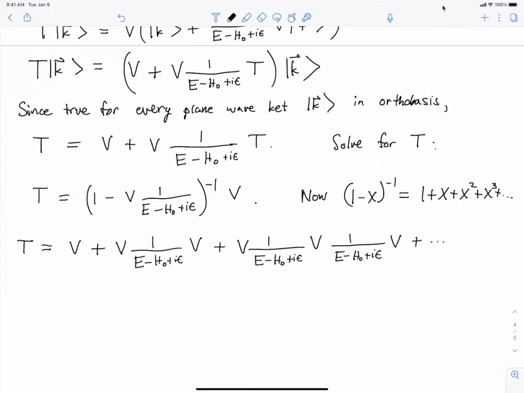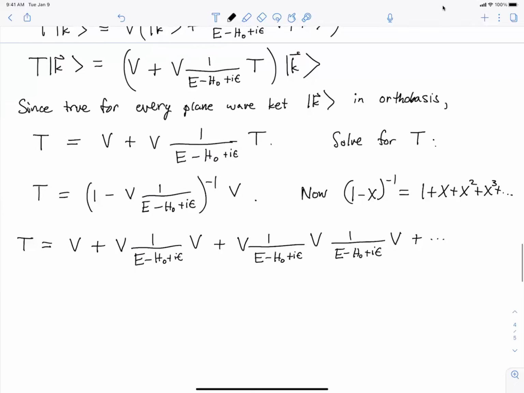Okay, and so now we've basically solved for T, the transition operator, in terms of the given potential and the energy that we're scattering and the free Hamiltonian.